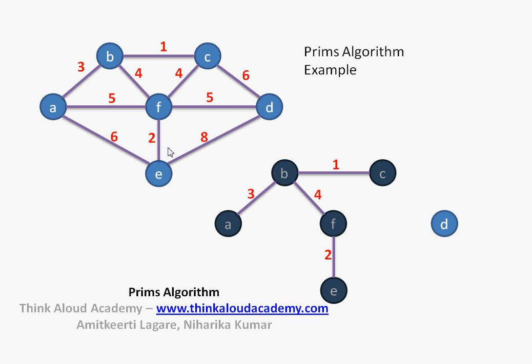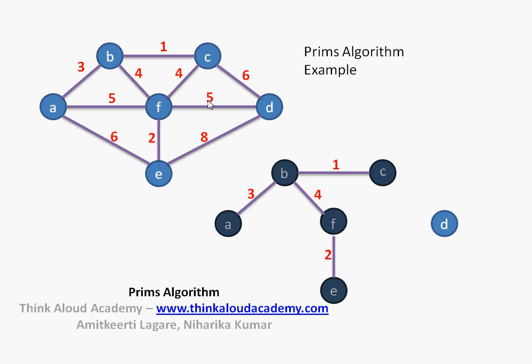Now I have A, B, C, F and E, and the only vertex which is left over is D. If we look at D and see who all are connecting to D, 6 connects to D, 5 connects to D and 8 connects to D. So logically I should choose the smallest one, which is this FD, whose value is 5.